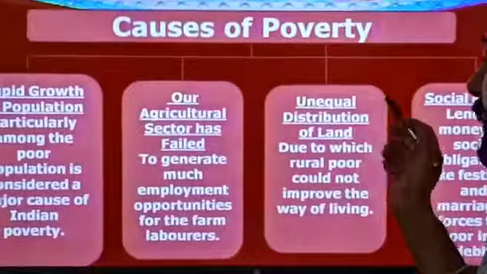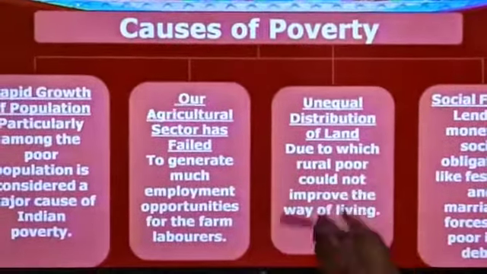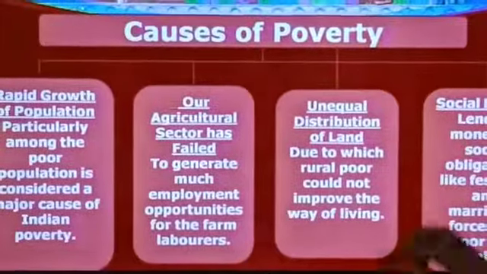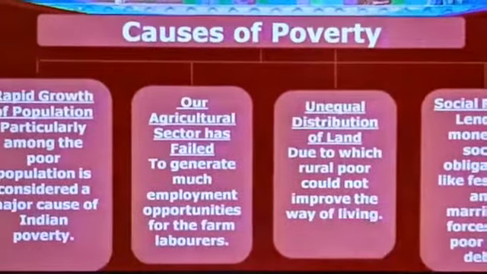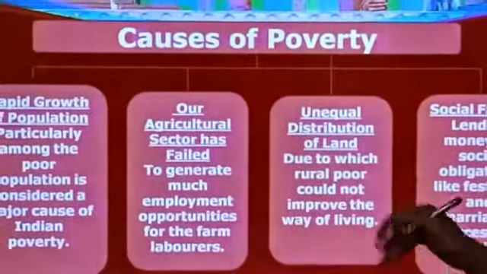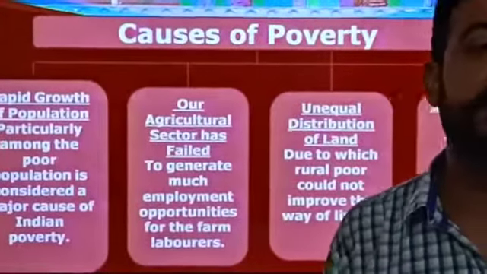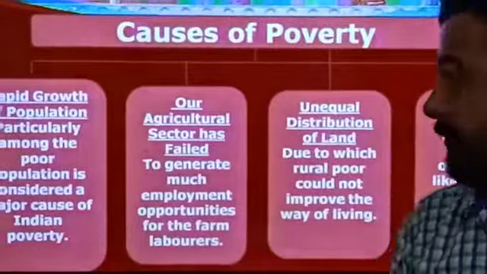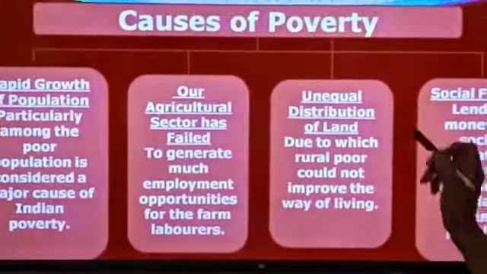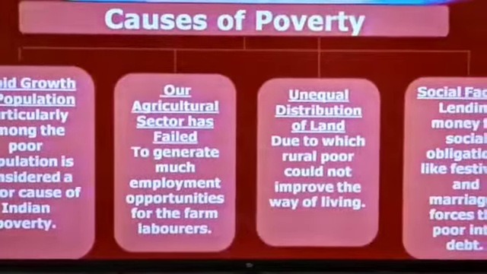After that, next is unequal distribution of land. In the first chapter of economics, the story of village Palampur, we read that land is fixed. Some of the farmers have huge lands and some have small plots of land. Due to this, the rural poor couldn't improve their way of living. Why?